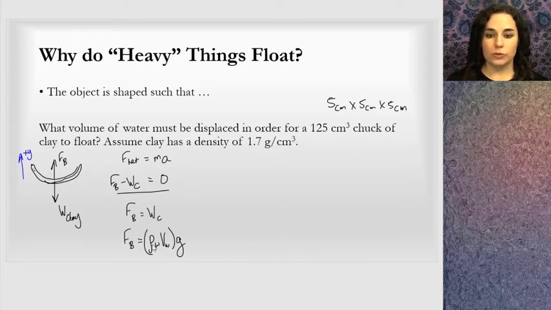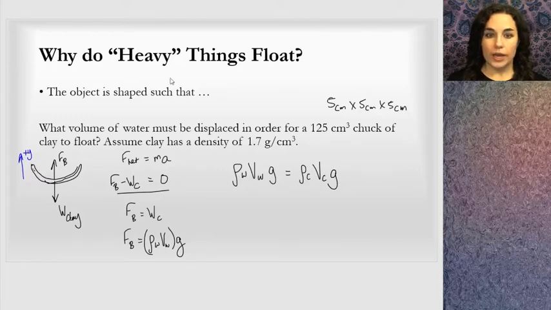And what we're going to do is set the weight of the displaced fluid, the buoyant force, equal to the weight of the clay. So rho water times volume of the water times g, that's the weight of the displaced fluid, and will equal the weight of the clay. Well, the weight of the clay is rho clay times volume clay times g.